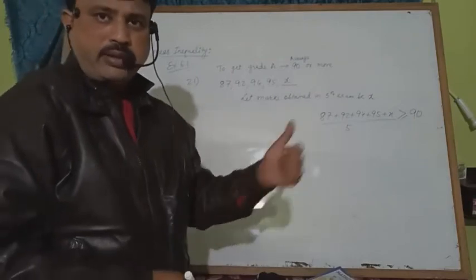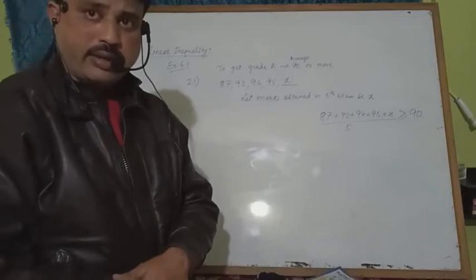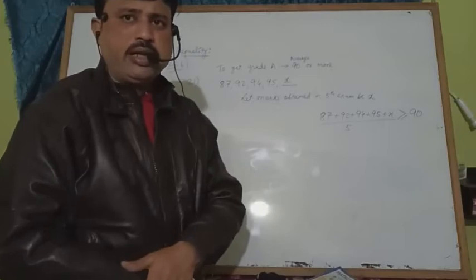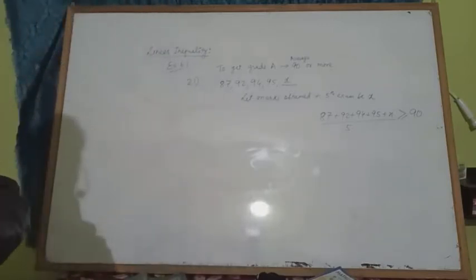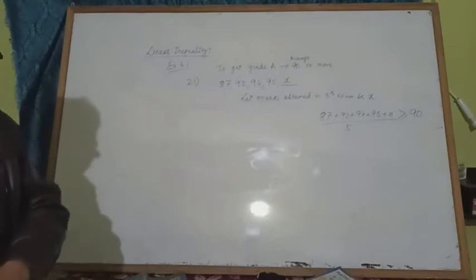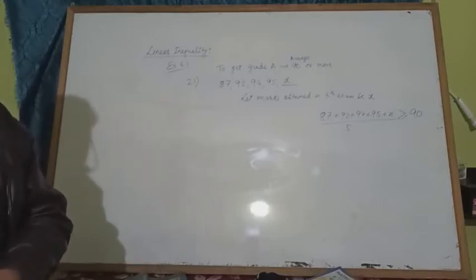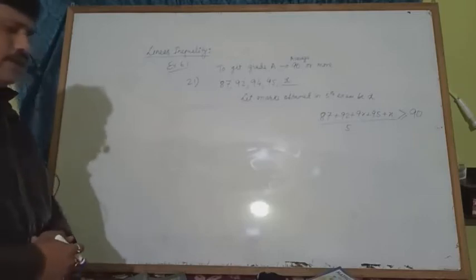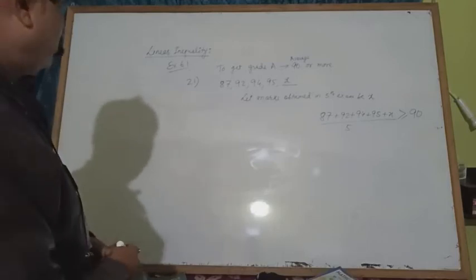In this manner you can get the value of X, and that is your answer. This calculation I don't think I need to do for you, because all of you can do it yourself. It's a very simple one, and we did so many calculations of this type. You do it yourself.